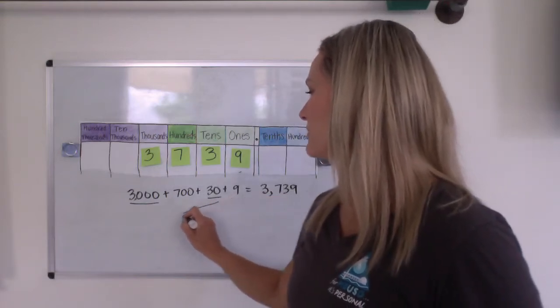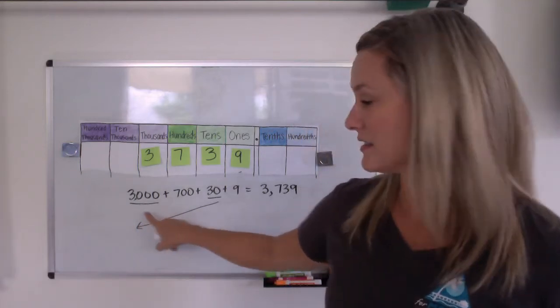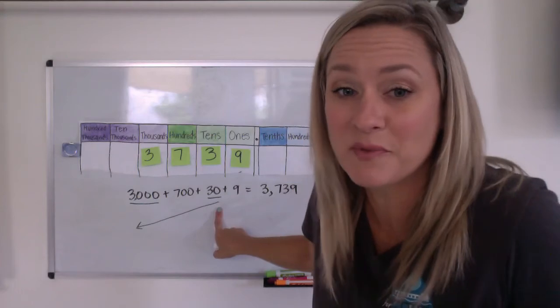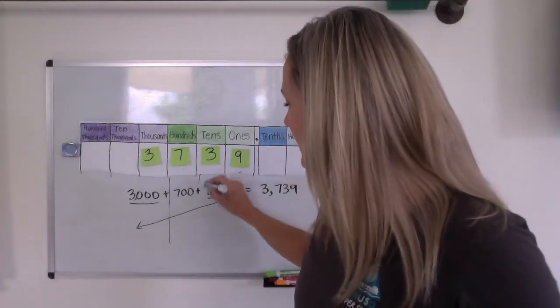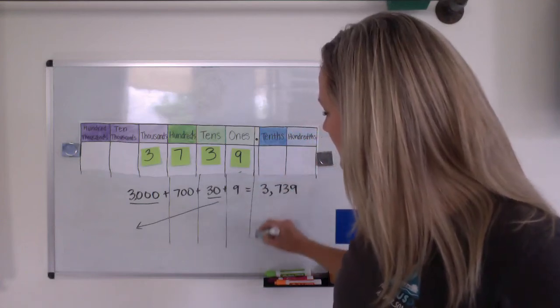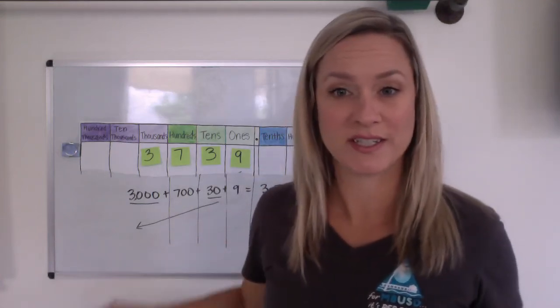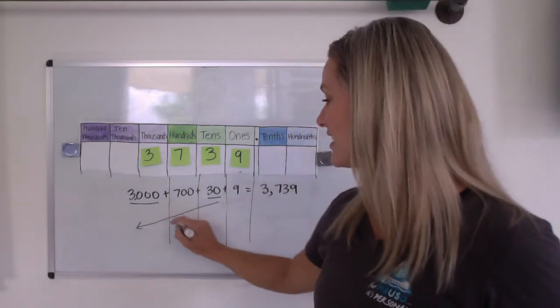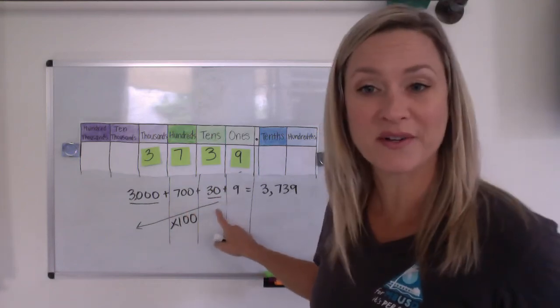How many times more is this 3,000 than this 30? How many columns did we go past? Let's see. Not 1, but 2. So that makes this 3,000 worth 100 times more than that 30.